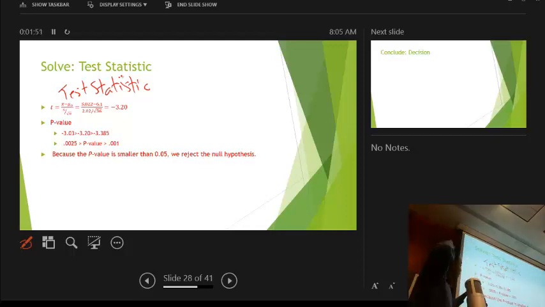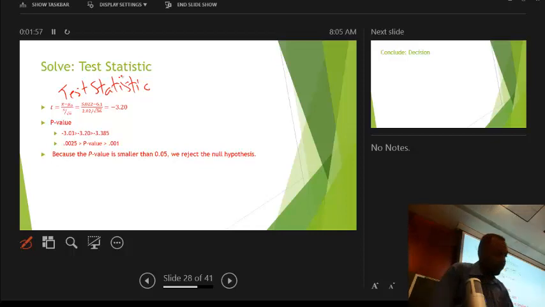The next piece is find the p-value. So on the t-distribution chart, you have some values. You go down to the row with the appropriate degrees of freedom, and you saw a 3.03 and a 3.385.